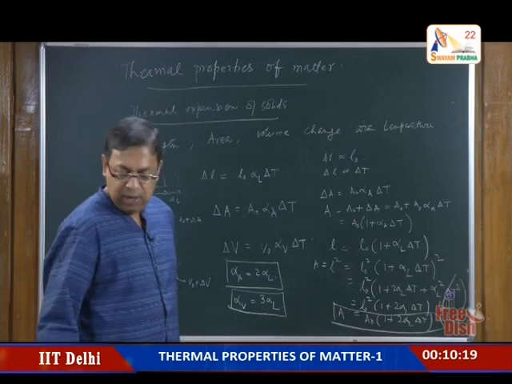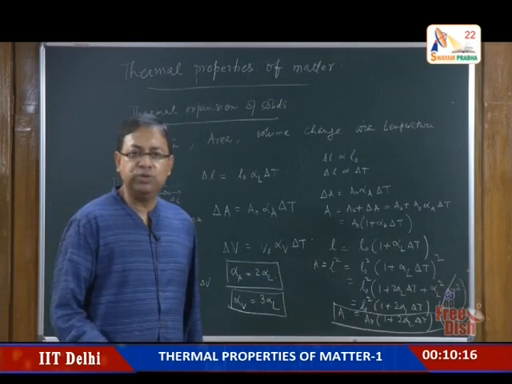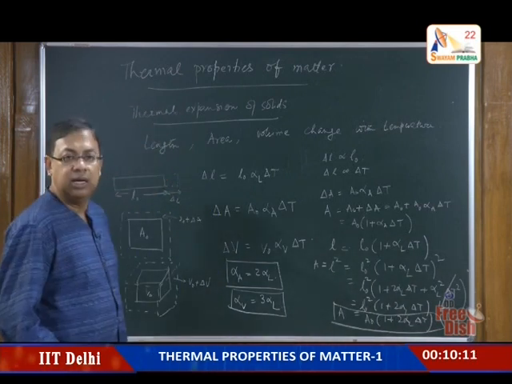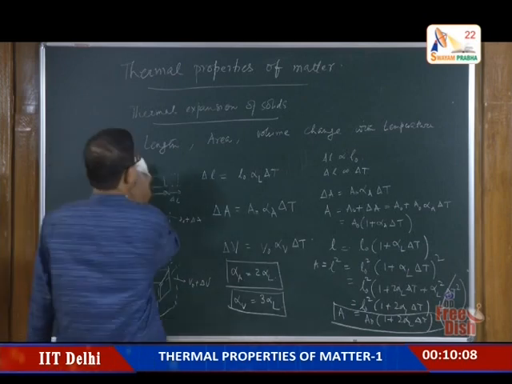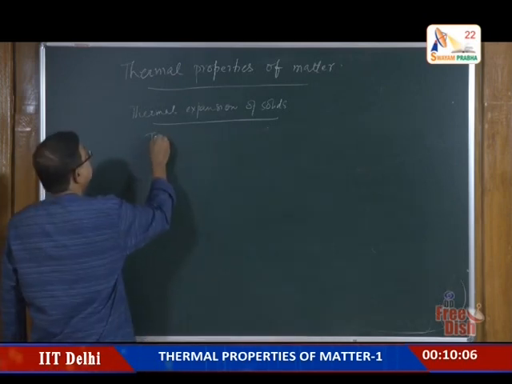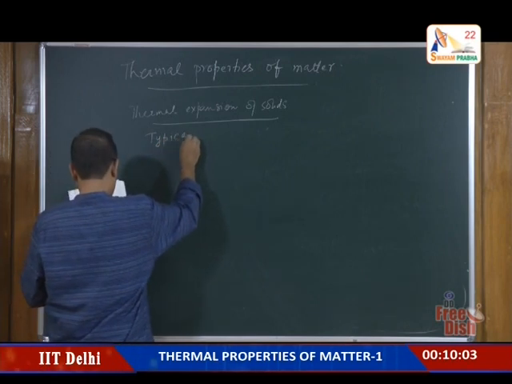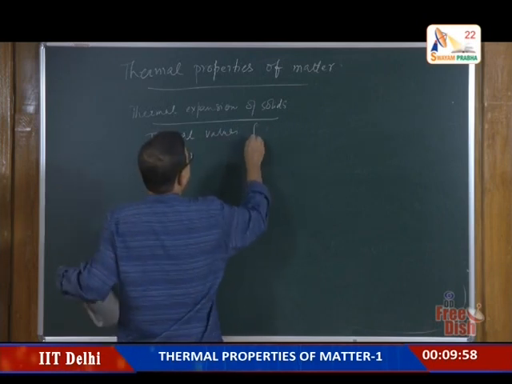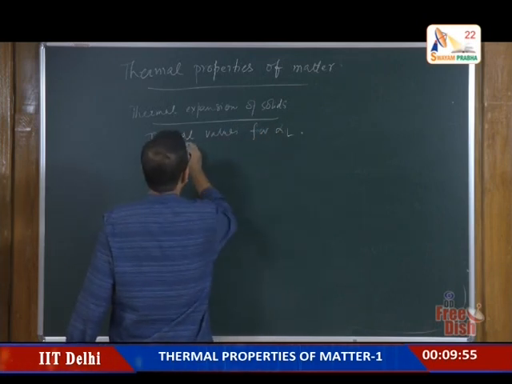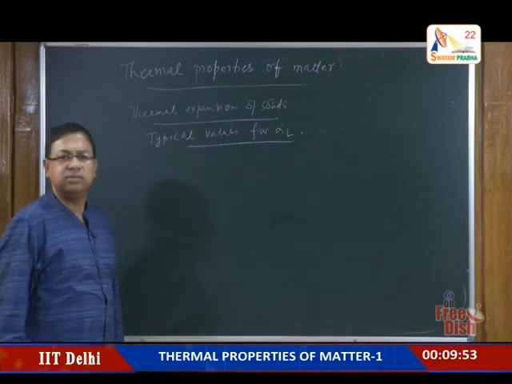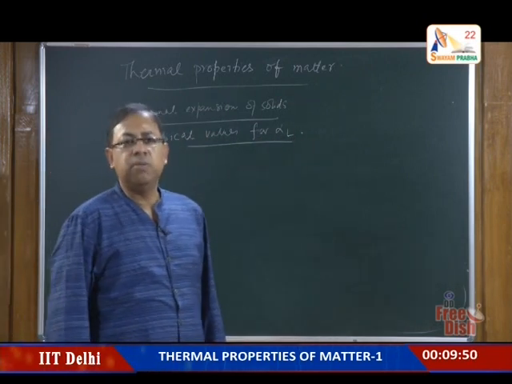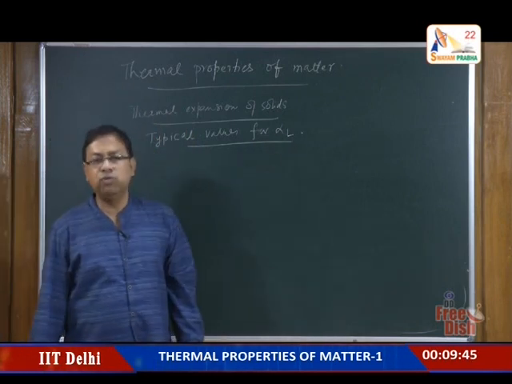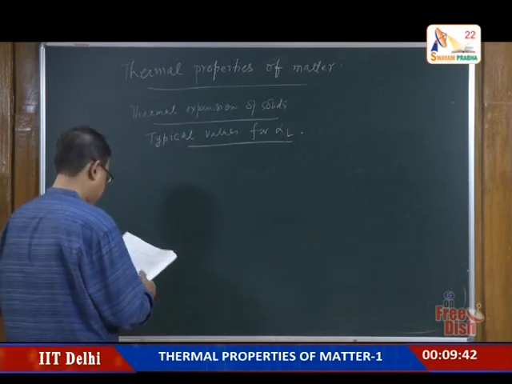So let us now have a look at typical values, which we always do. Take a look at the typical values of these coefficients of expansion. Typical values for alpha L. I am only quoting the linear coefficient of expansion, but you know that it can be used to get the areal coefficient as well as the volume coefficient of expansion.